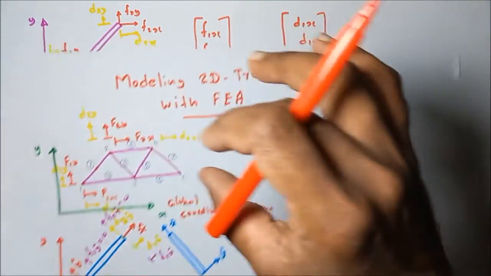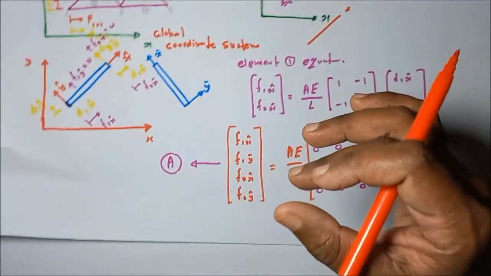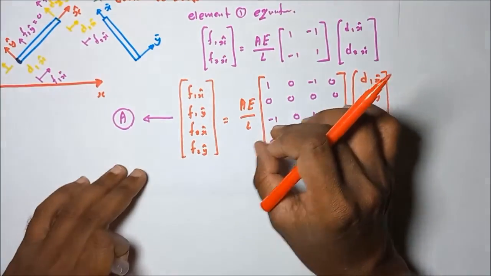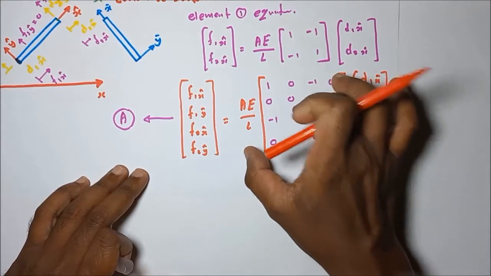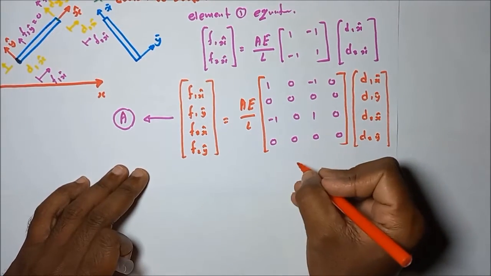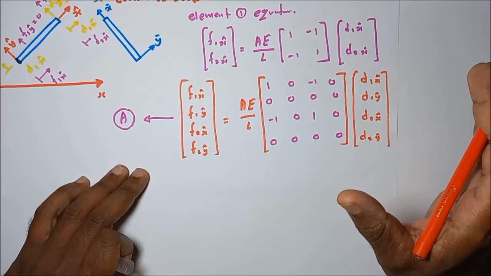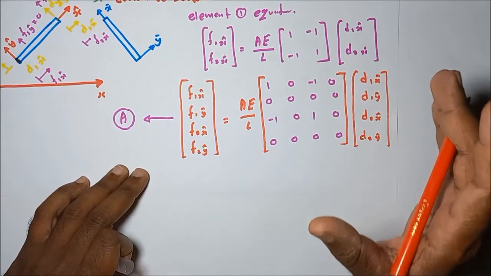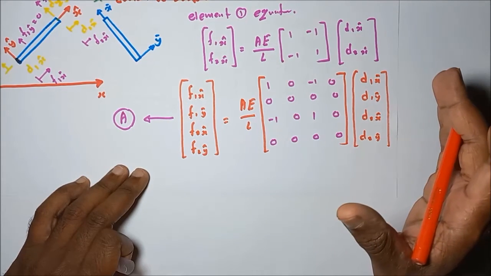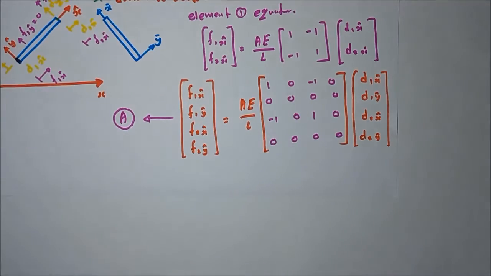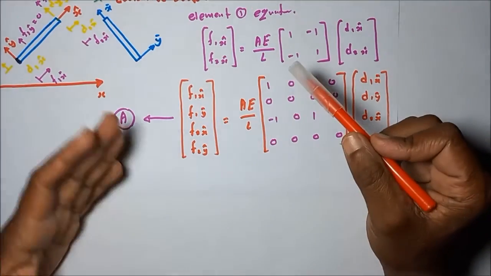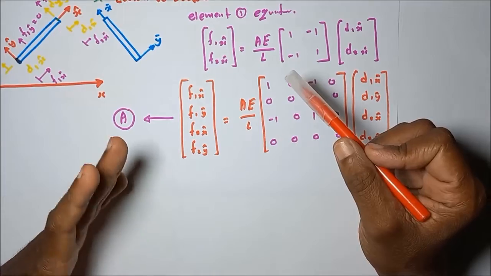Then next step, I'm going to transform this equation to the global coordinate system. I'm going to use the coordinate transformation equations to transform this one. I think in your mathematics you may have learned the coordinate transformation. If not, I am explaining it now.